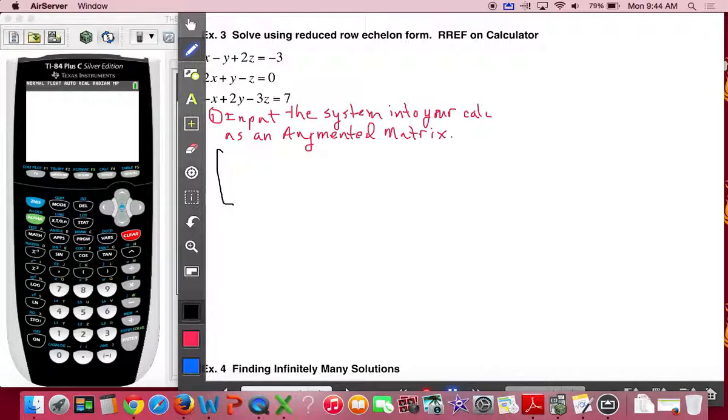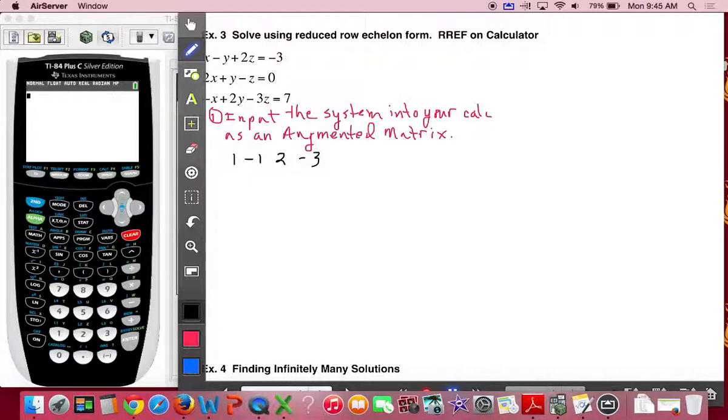So we're going to write our augmented matrix so it doesn't look horrible. You're essentially going to be dropping all of your x's and y's and your equal sign. And so we want a 3x4 matrix. So your first row for equation 1 would be 1, -1, 2, -3.